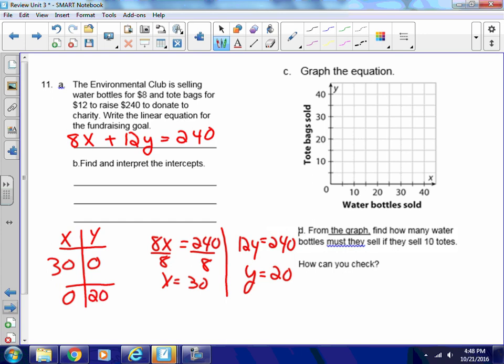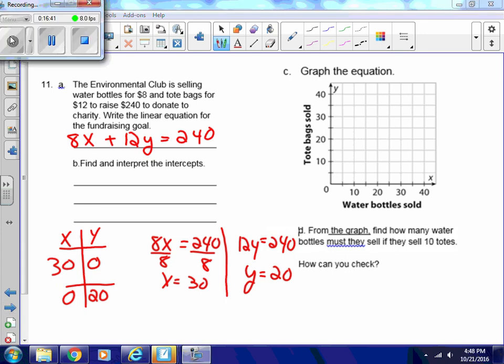What do they mean? Well, we could sell 30 bottles and no totes. And that would be the 30 point.